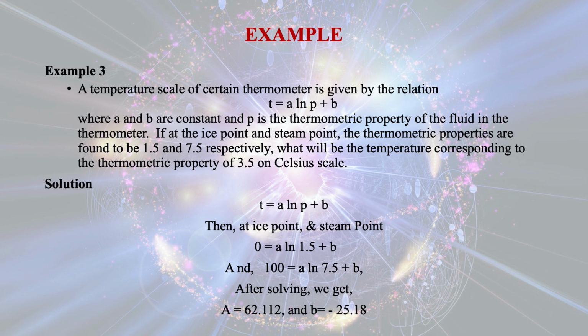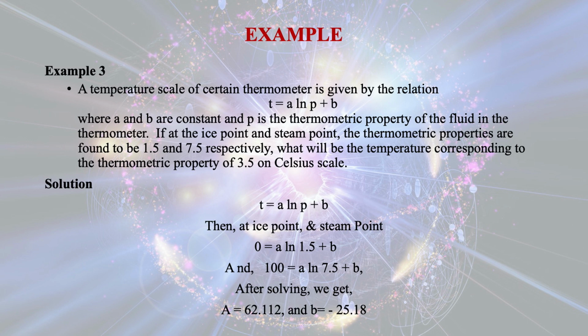The first equation is 0 is equal to A ln 1.5 plus B, and the second equation is 100 is equal to A ln 7.5 plus B, where ln is the natural logarithm. So two equations, two unknowns.